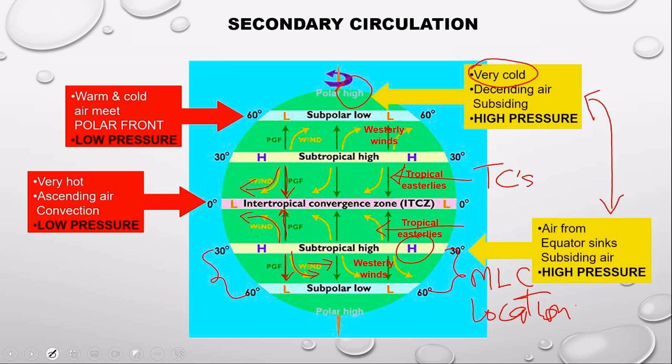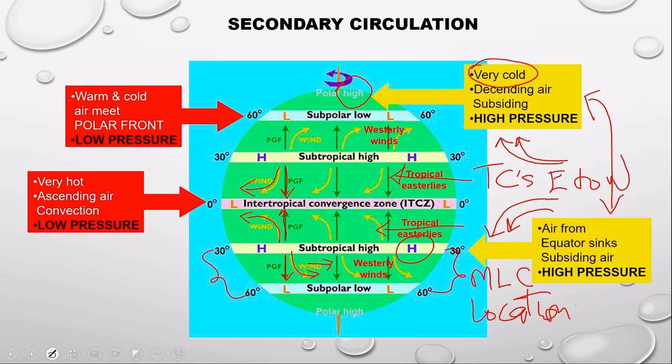And they move from east to west and away from the equator. What does that mean? East to west and away from the equator in the southern hemisphere, east to west and away from the equator in the northern hemisphere. If you look at it, this is to the right and this is to the left. Now it shows you clearly the effect of the Coriolis force.